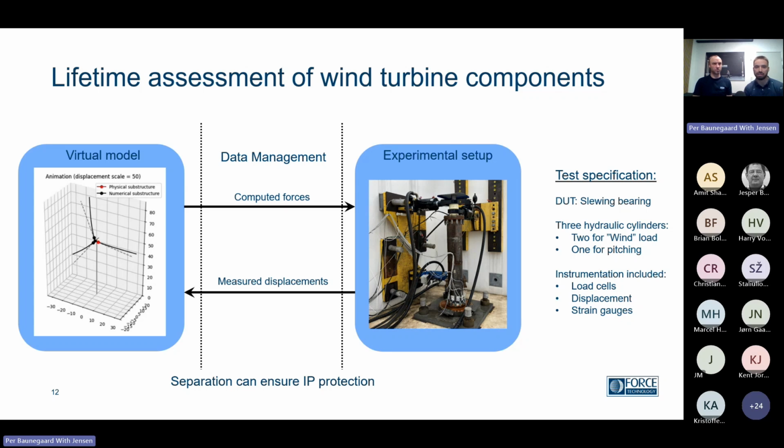Because in this instance, we at Force Technology were responsible for the experimental setup and part of the data management, but we were not responsible for the virtual model. We were able to run the virtual model externally, outside both our network and our control, and that meant we could send the data back and forth that was only connected to the sensors and the forces we needed for the setup itself.